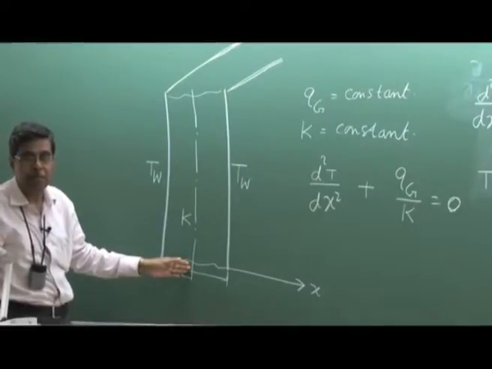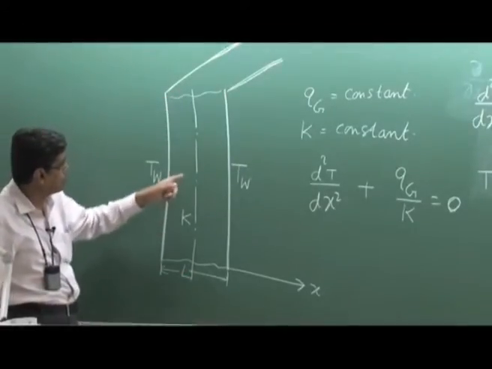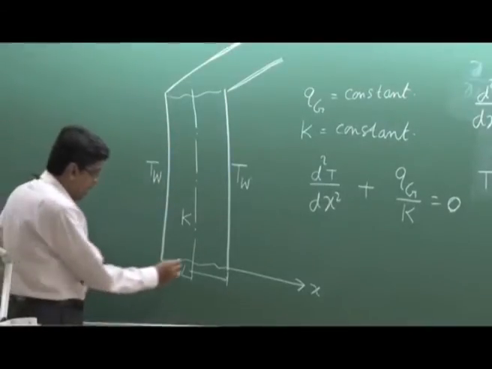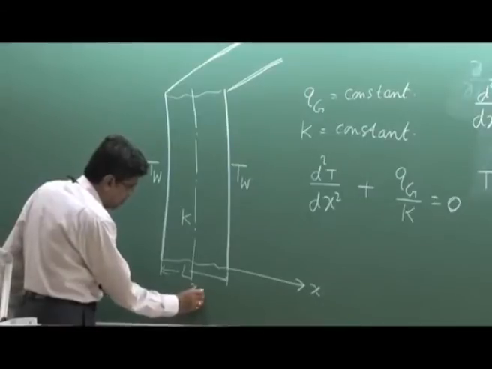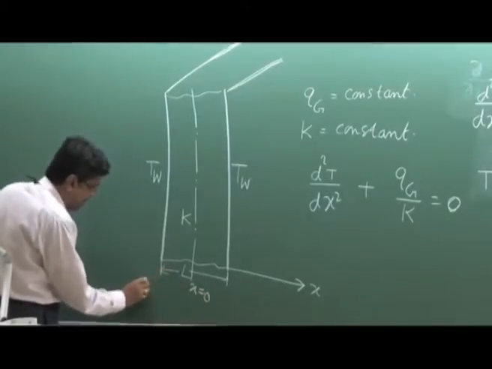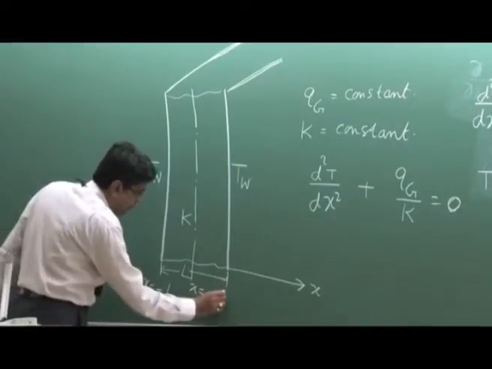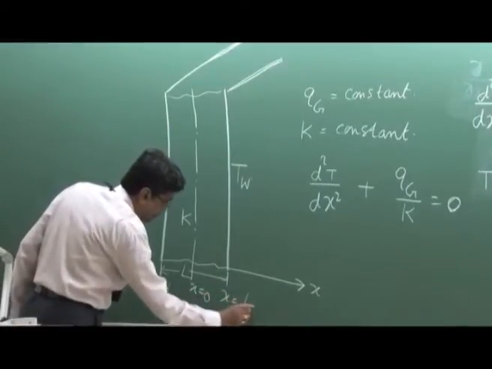So this mid plane, or the mid axis, as you see in this view, is taken at x equal to 0. So the left face is at x equal to minus L by 2 and the right face at x equal to plus L by 2.